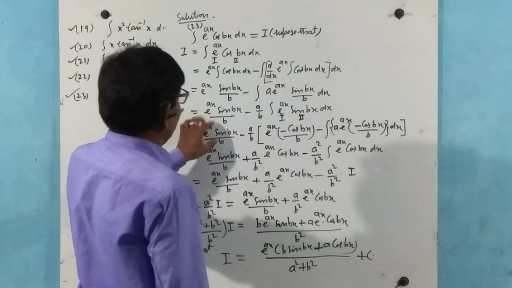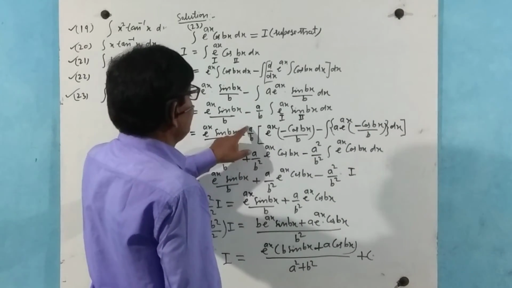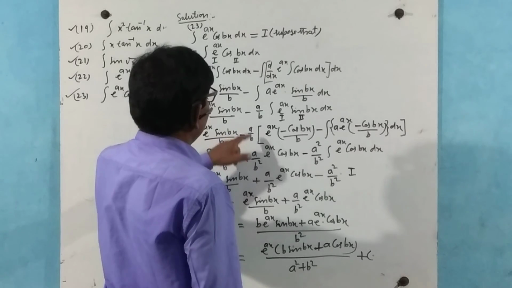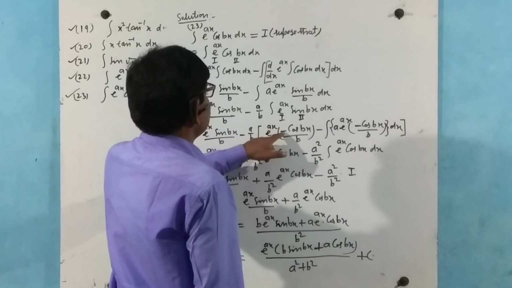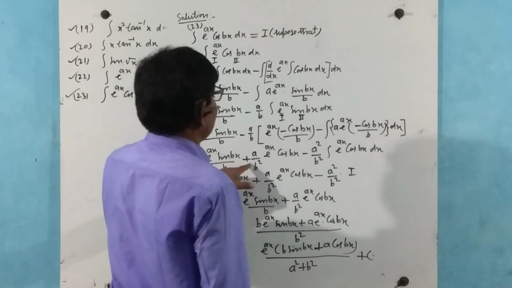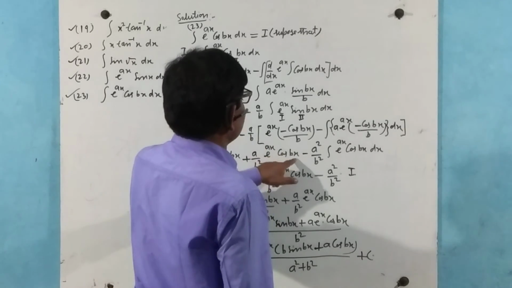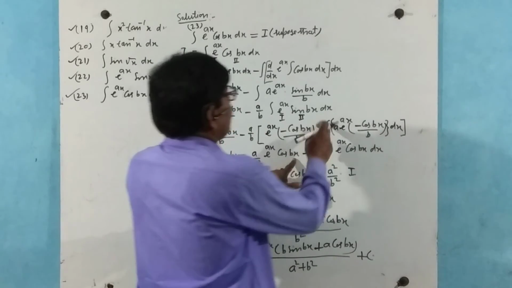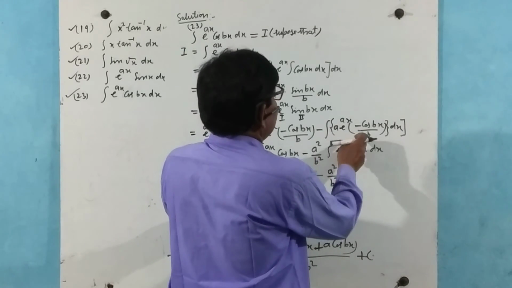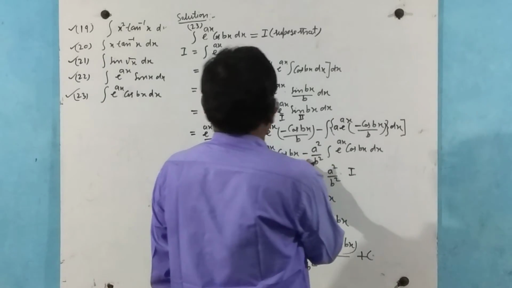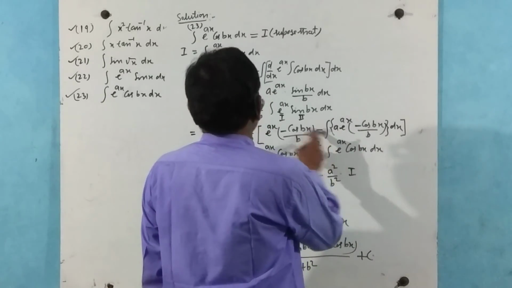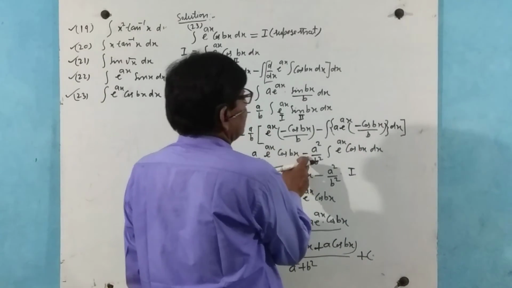So that these terms come here: a by b square, and minus minus is also equal to plus e to the power ax cos bx, a by b comes here and a by b here, a square minus b square. This minus minus plus and also minus here.